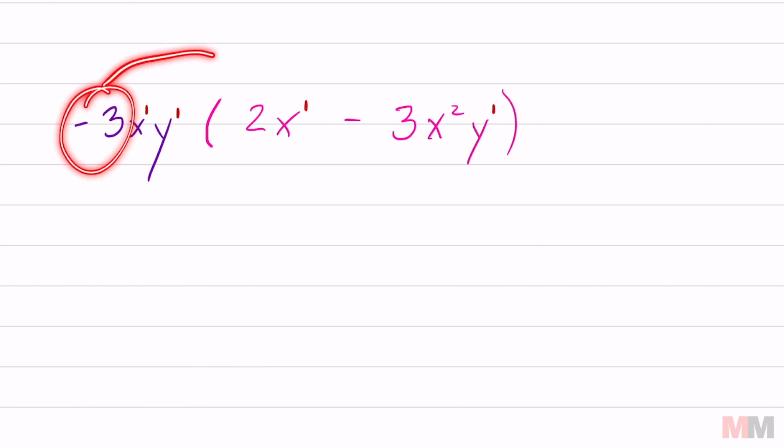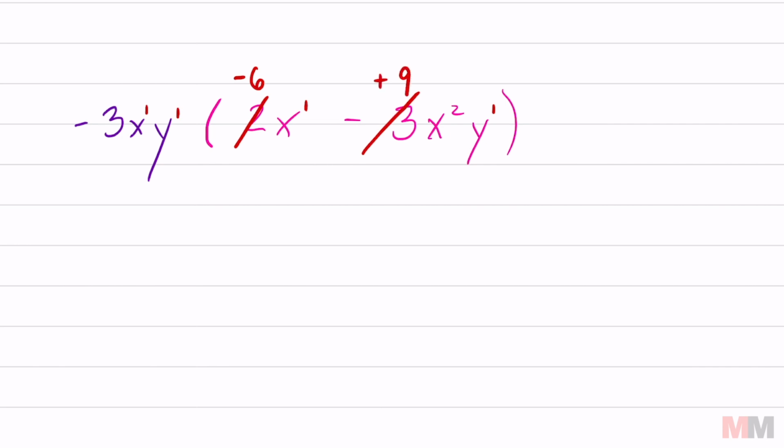That means I'm going to have to dish it out to these two by multiplying it. Let's multiply that out first and write the results on the top. -3 times 2, that's going to turn into -6. -3 times -3, that's going to get you +9. 1 down, 2 more things that I got to worry about. That x to the first power.